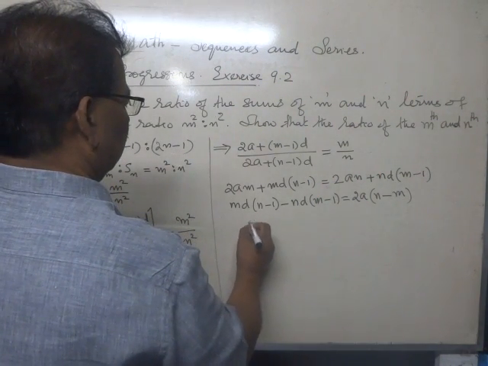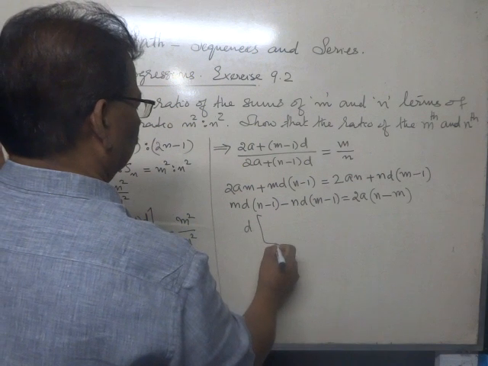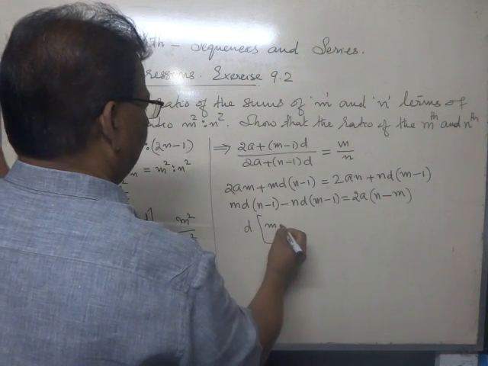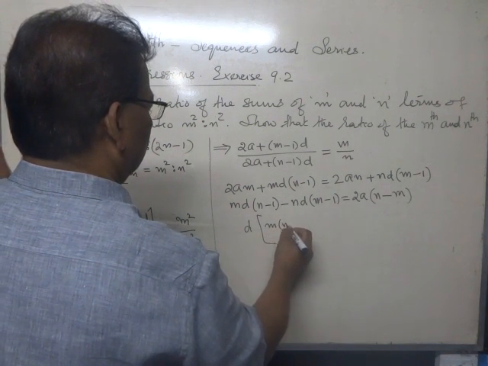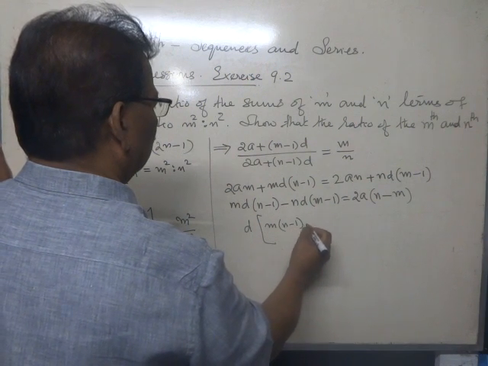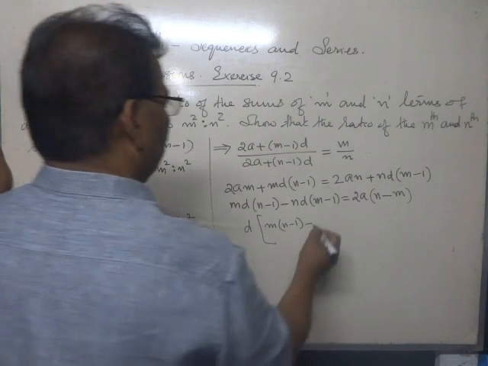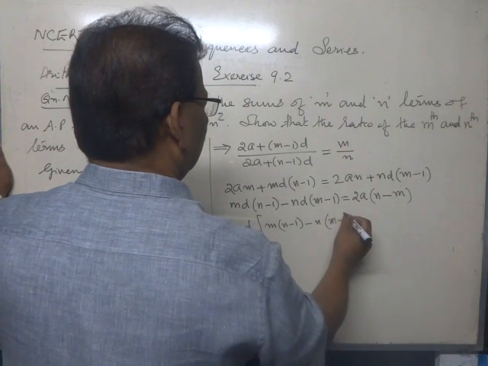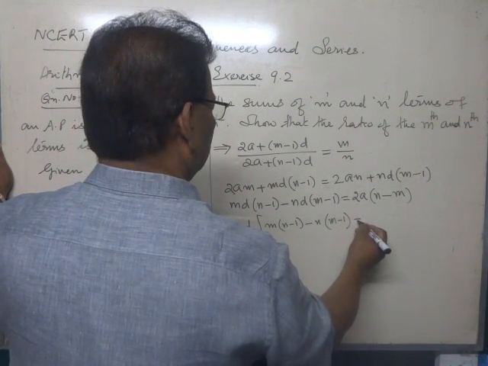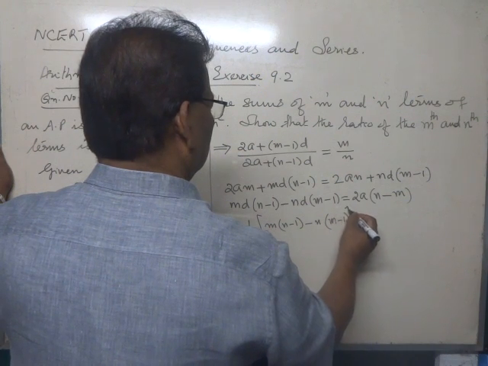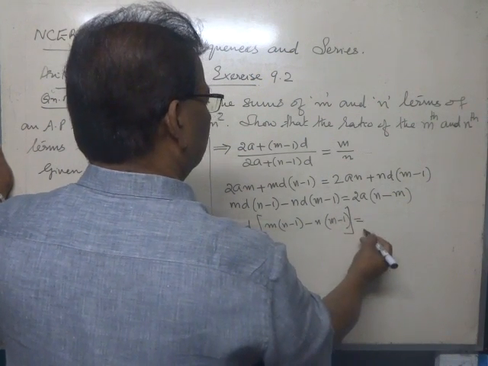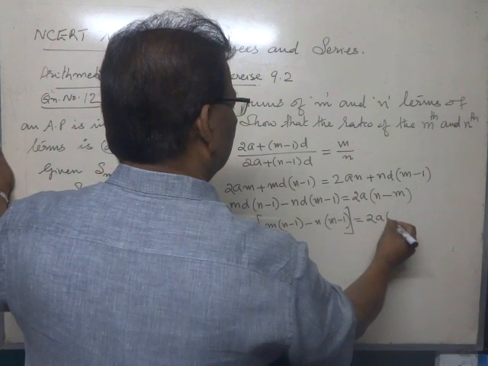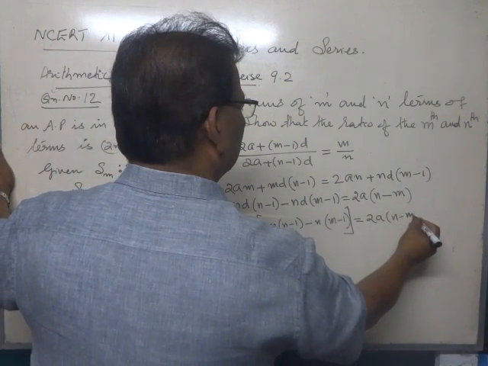That is d into m into n minus 1 minus n into m minus 1 is equal to 2a into n minus m.